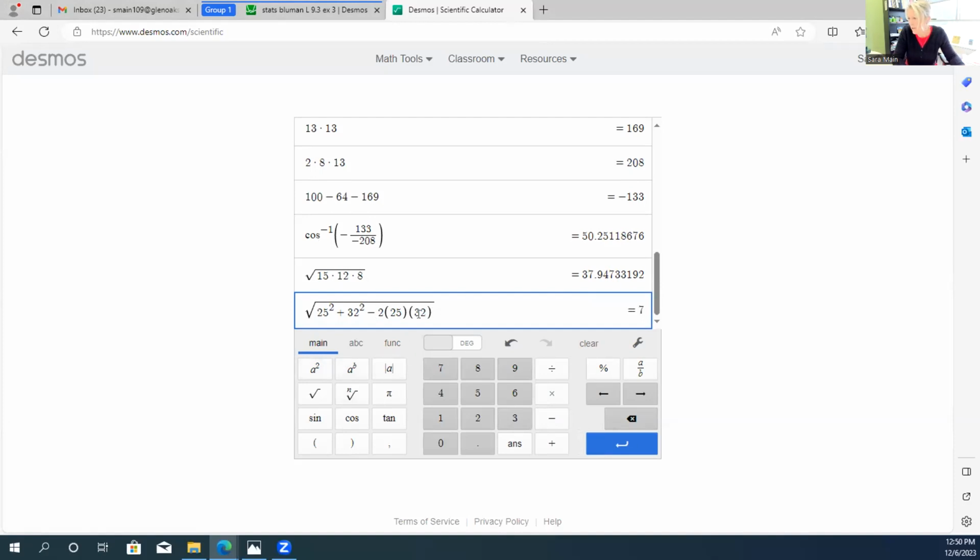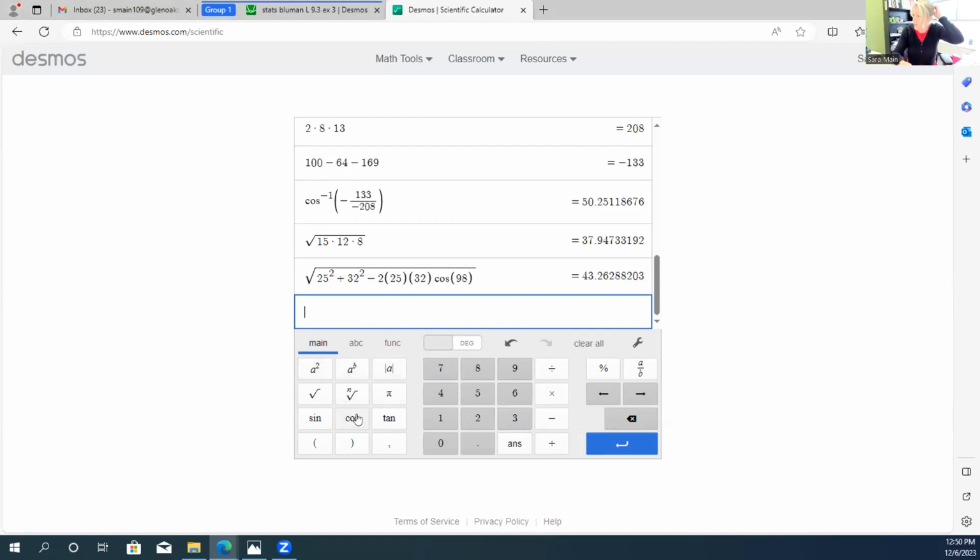And I don't know that you have to put it in parentheses, just make sure you're putting a multiply in between each of them, and then cosine of 98. And it looks like my answer is C is 43.3 if you round to 1 decimal, or 43.26 if you round to 2 decimals, and that's inches in this case.